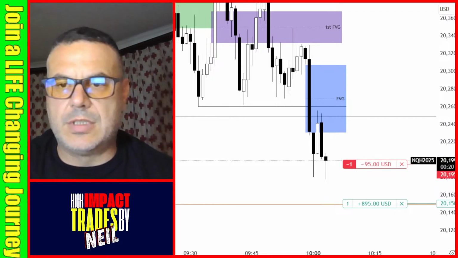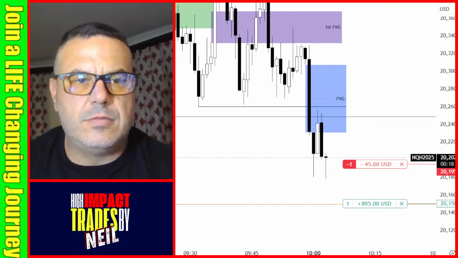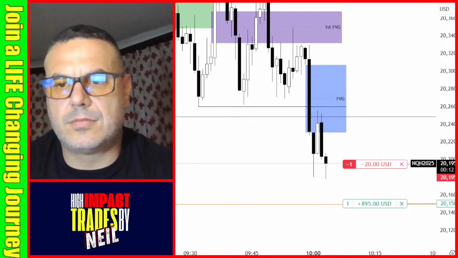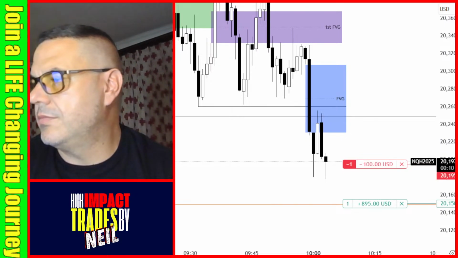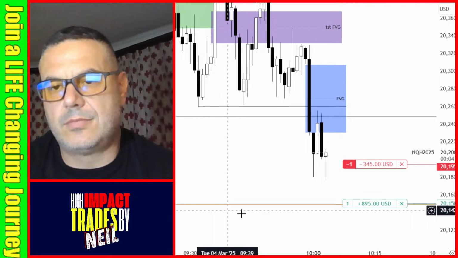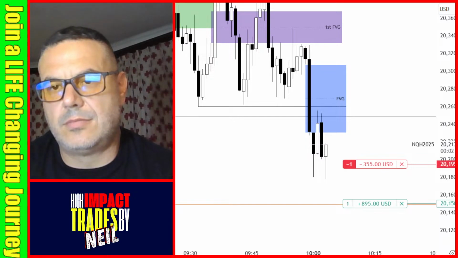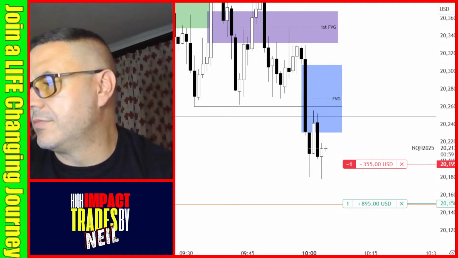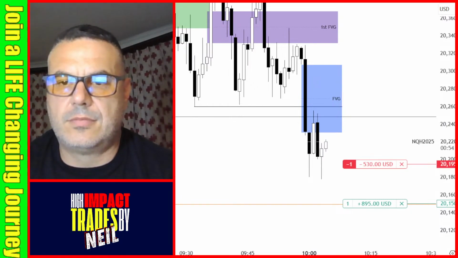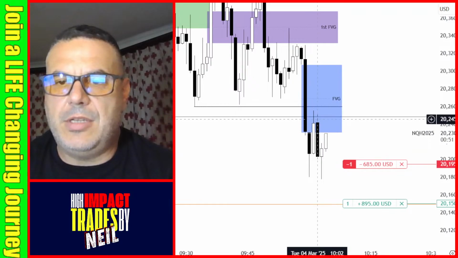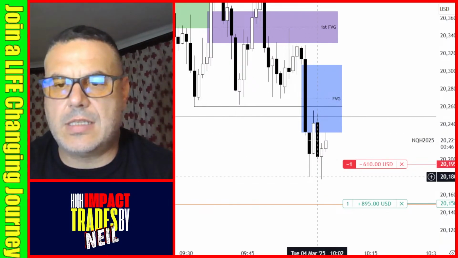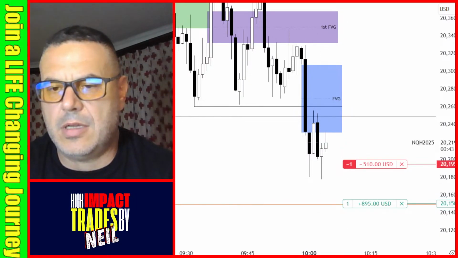But I've been wrong before, so let's see. So normally when you take these scalps with that black candle close below that white candle, you target the low, and in this case it went there, but I've targeted lower.